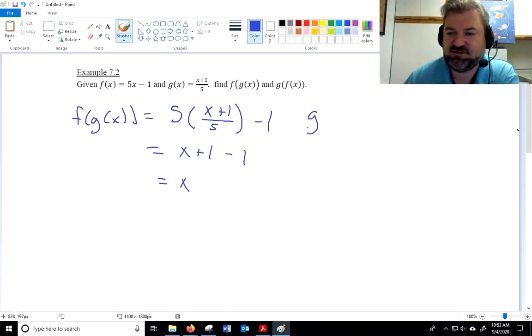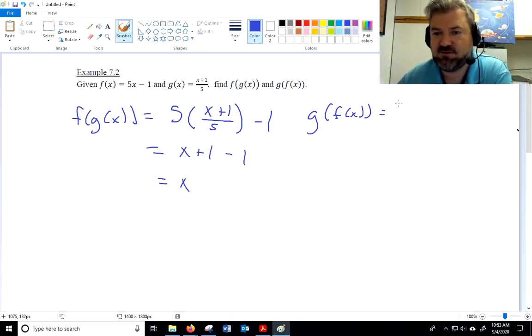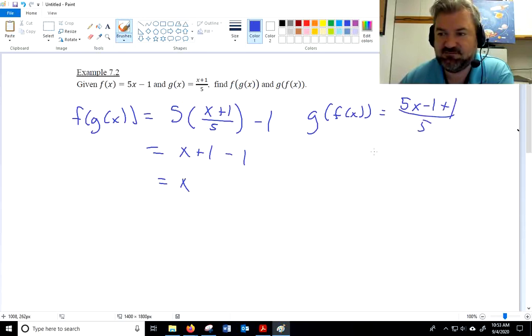Now we're going to find g of f of x. G of f of x is going to be taking f and putting it into g. So wherever there's an x in g, we're going to put 5x minus 1. So (5x minus 1 plus 1) all over 5. Minus 1 plus 1 makes it a 0, so this is 5x over 5, which reduces to simply x.